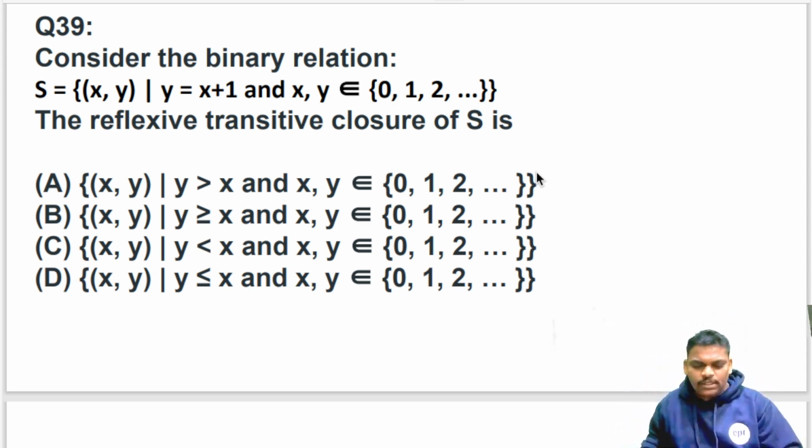Diksha, just draw the table, nothing there. Final result equal to B or not, equal to D or not, verify. Both the things you verify.